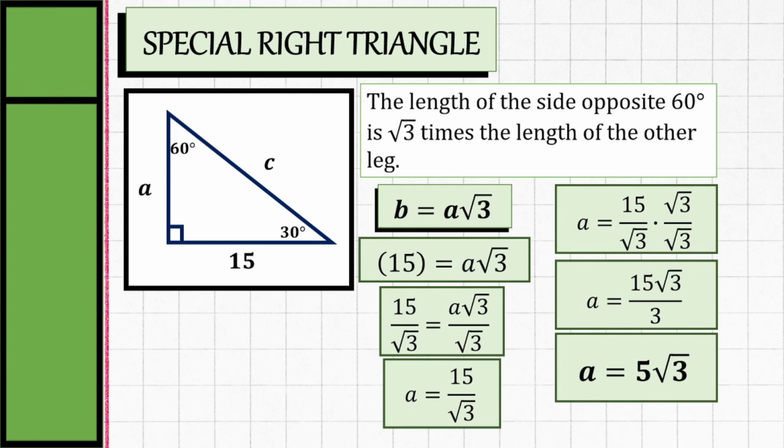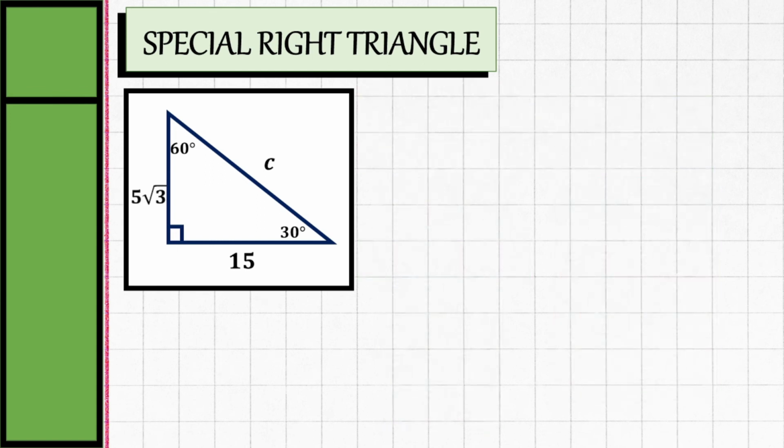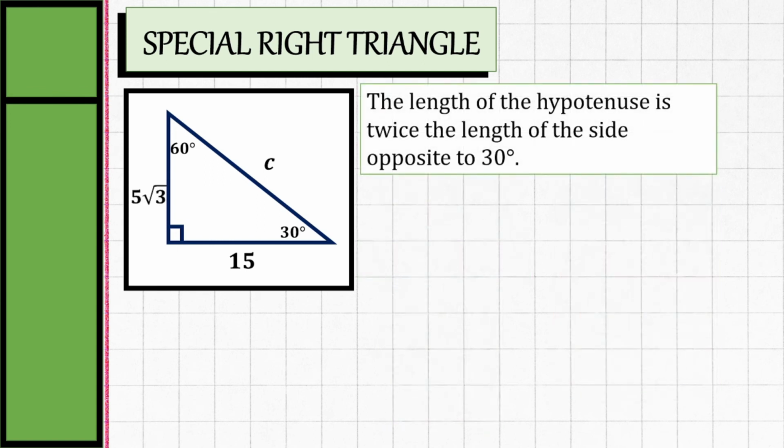Okay, now that we have our shortest side, which is 5 square root of 3, we will now proceed to getting our hypotenuse, wherein it is stated that the length of the hypotenuse is twice the length of the side opposite to 30 degrees. Therefore, we will use this equation.